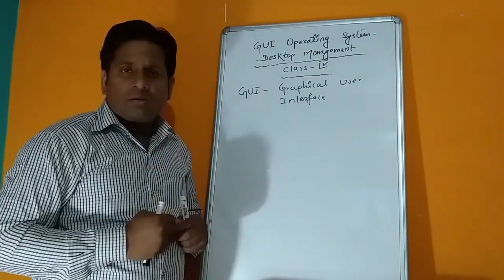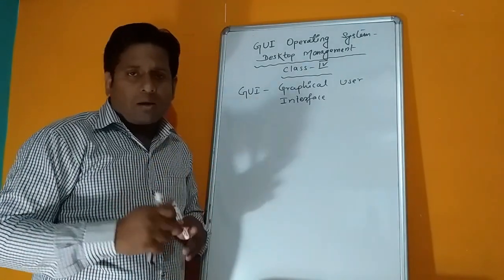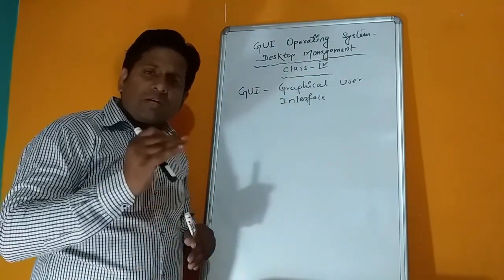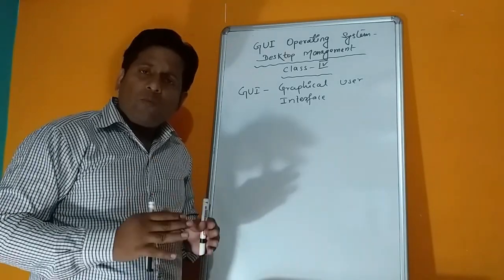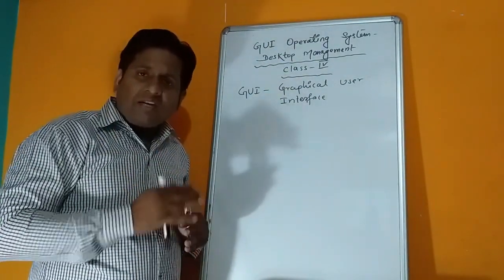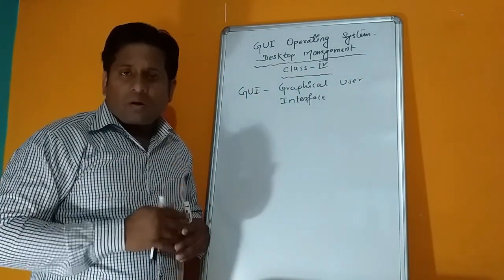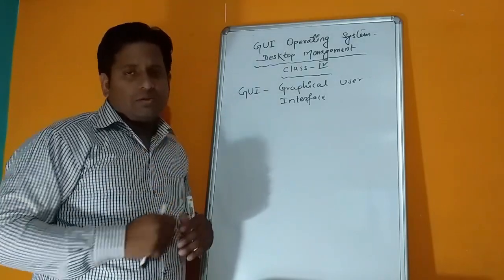There are two ways for interaction. The first way is CUI, character user interface, where we need to use only the keyboard. And the second type is GUI, graphical user interface.